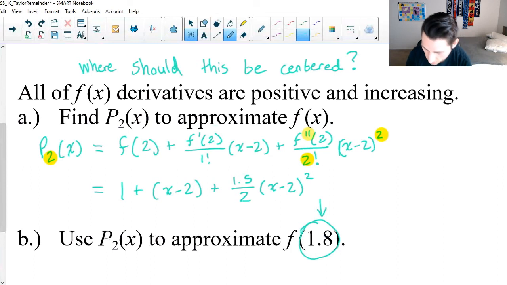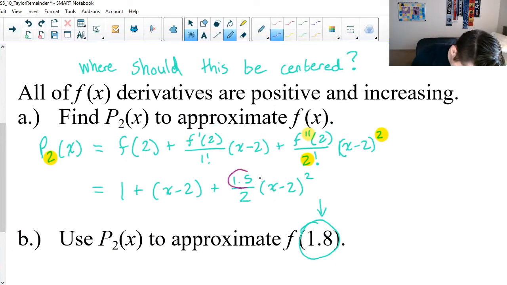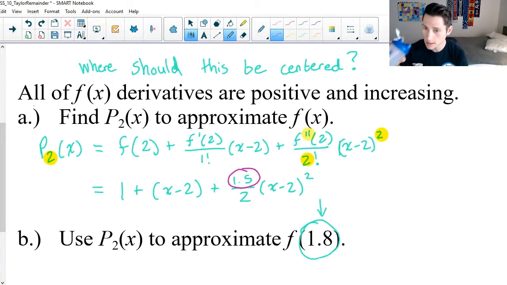I hate this 1.5. Let's change that. Quick, RJ, what's 1.5 as a fraction? Quick. Every time, man.